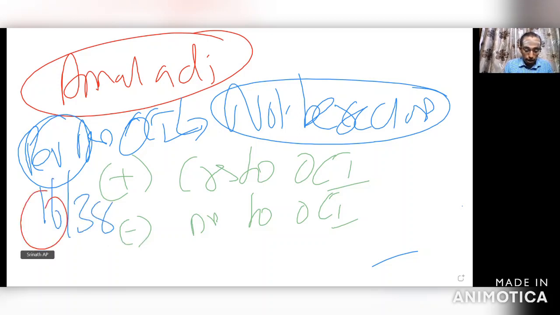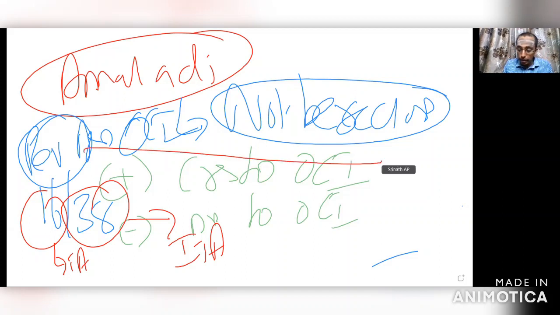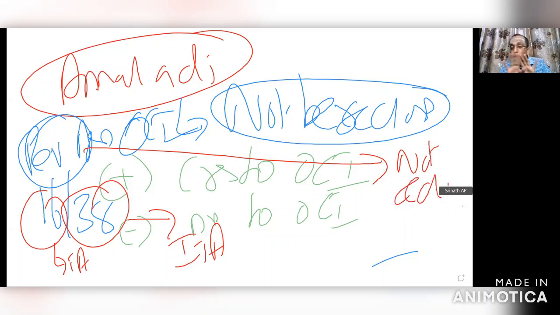INDAS 16 is for tangible assets, property, plant and equipment. INDAS 38 is for intangible assets. Any revaluation that you have got as per INDAS 16 and INDAS 38, you will not do, even if it is in items that will not be reclassified to P&L account. You will ignore that revaluation.